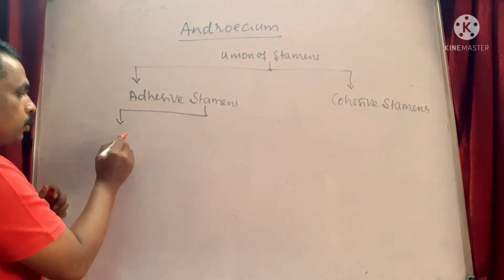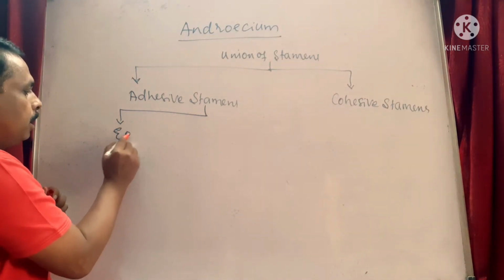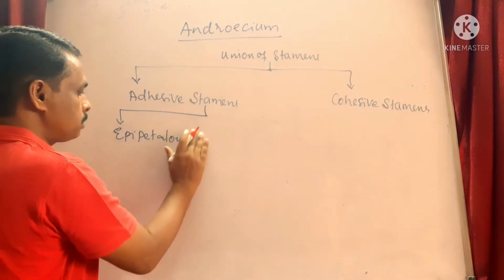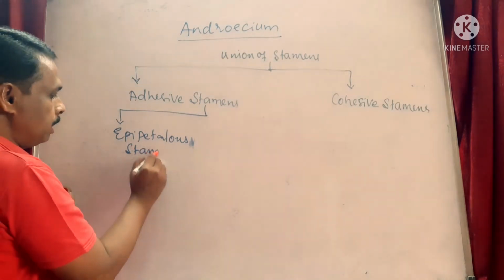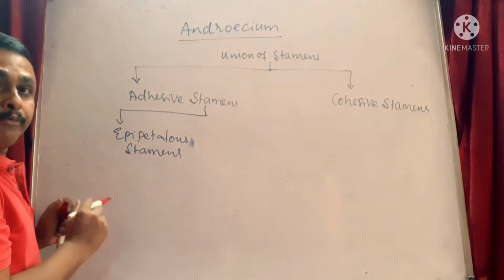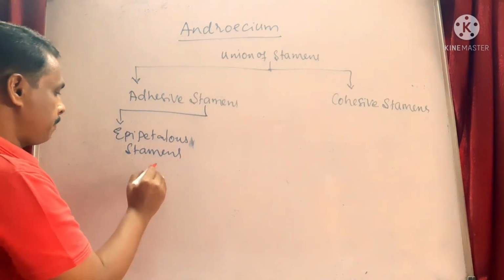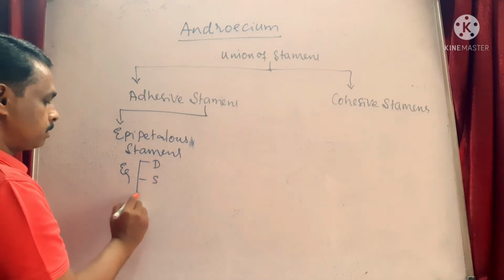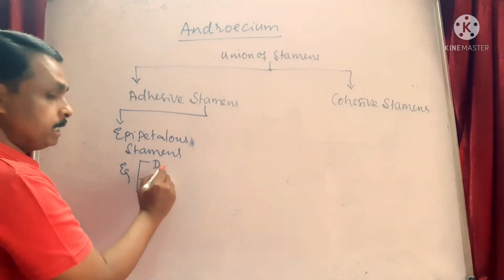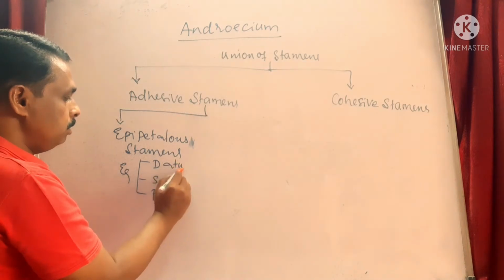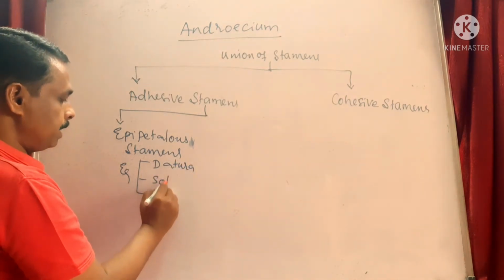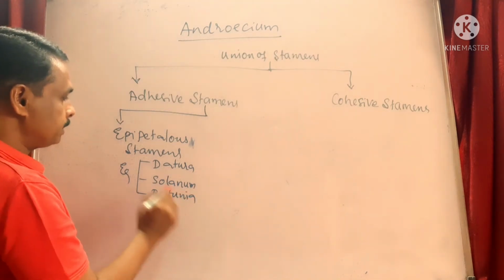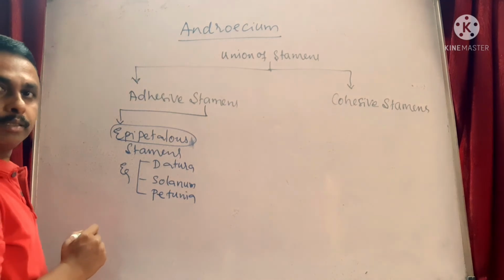If the stamens are attached to petals, they will be called epipetalous stamens. Example for epipetalous stamens: DSP. DSP means Datura, Solanum and Petunia.